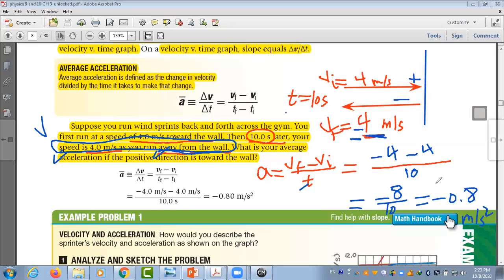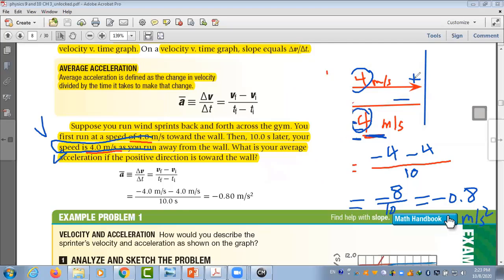So it means he is now accelerating in the negative direction. It's a proof that if we have a change in direction, we could have acceleration even if we are moving with the same speed. But what is the difference? This one is in the positive direction and this one is in the negative direction. Do you have questions for this point?